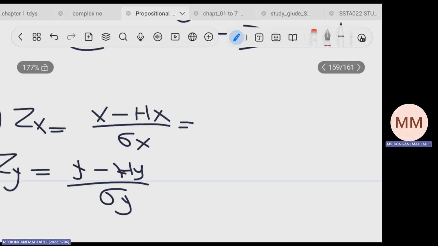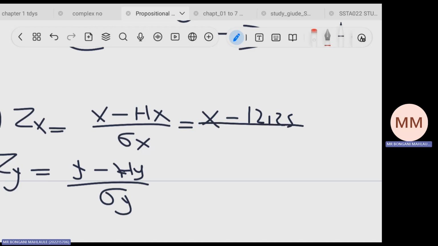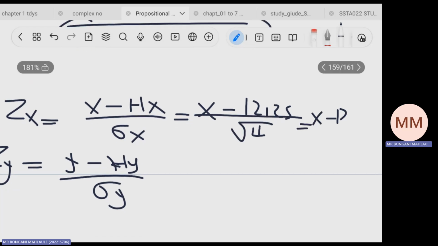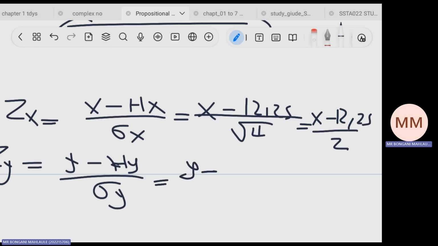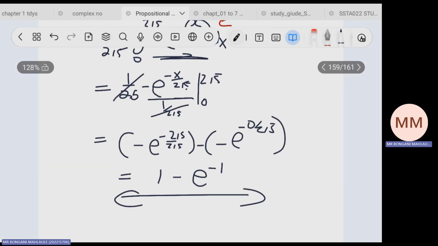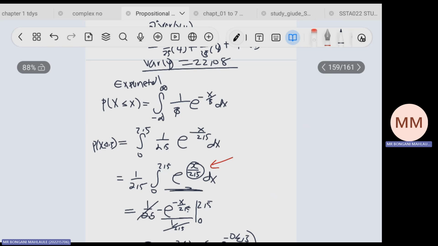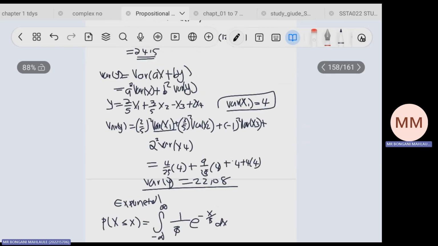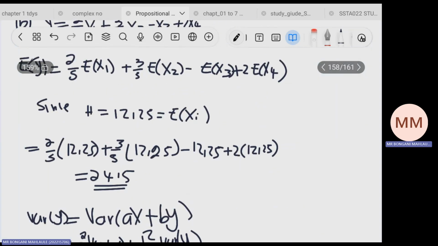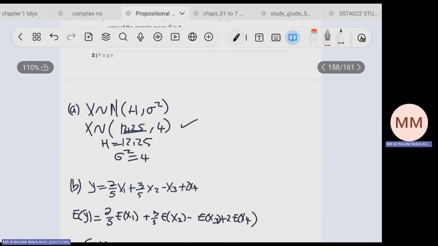So here you'll say I'm having x minus, our mean was 12.25 all over the root of 4. So you'll have x minus 12.25 over 2. And here you'll have y minus the mean of y. The mean of y, we found 24.5. You see the answers are different.